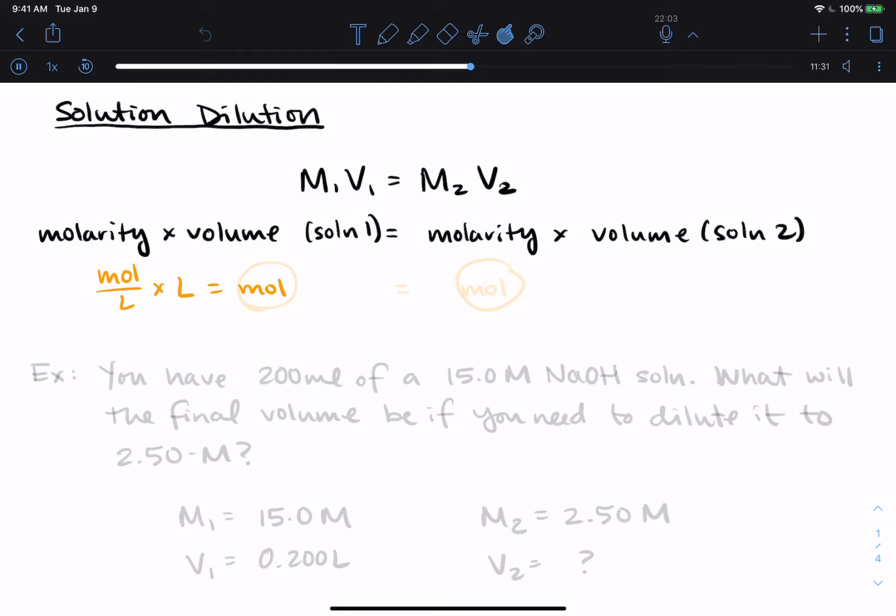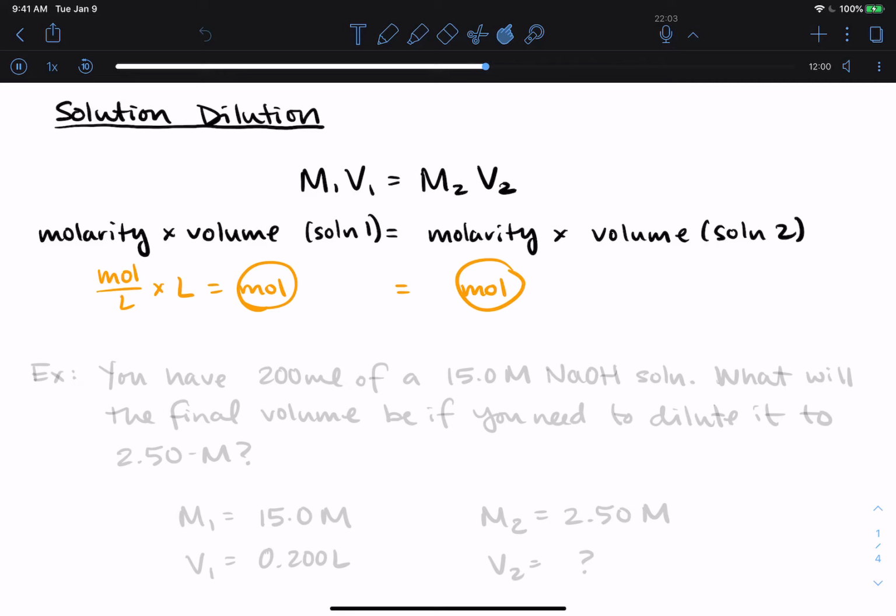So what this is saying is that the moles in solution 1 is equal to the moles in solution 2, which has to be true, right? If you're not removing or adding solute, the only thing you're doing is diluting the solvent with the solvent to get a different solution. The amount of solute is the same, so the number of moles would have to be the same.